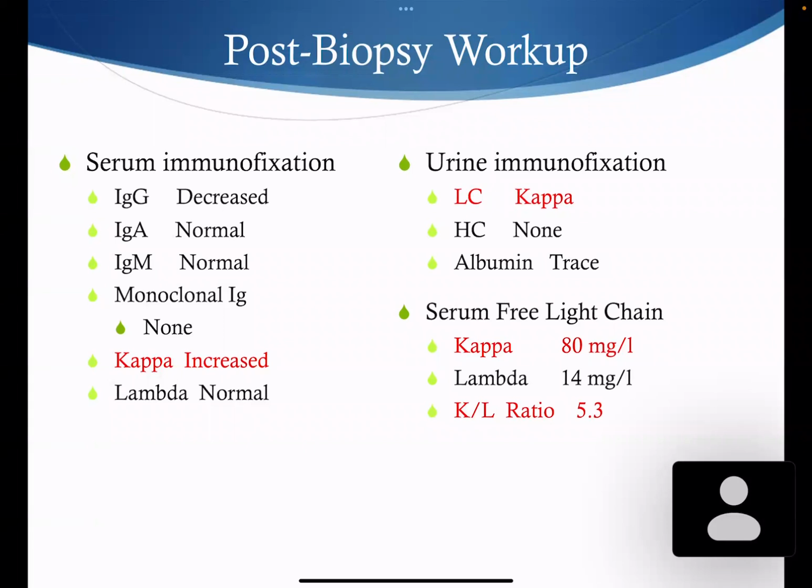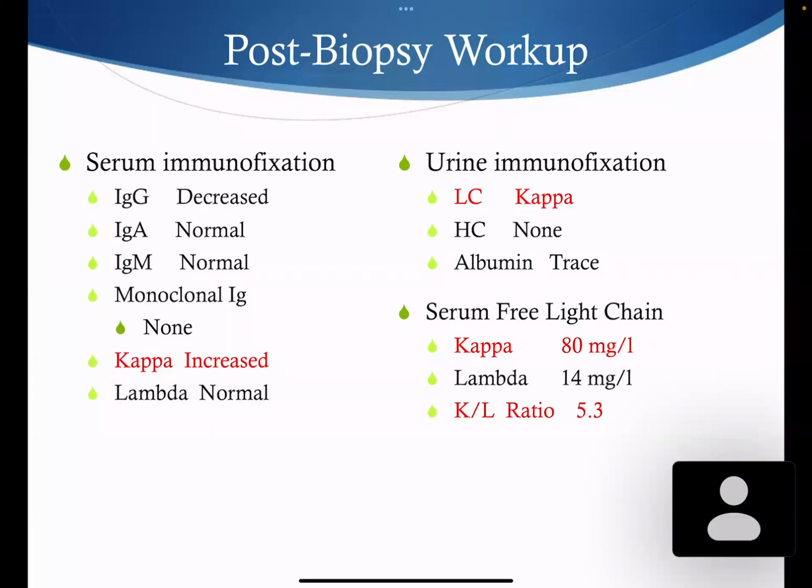And this is an important issue that you should always look at, as we will see in the screening methodology for the paraproteinemias or the plasma cell dyscrasias, that you should usually use the three tools all together: the serum protein electrophoresis, the serum immune fixation, and the serum free light chain.